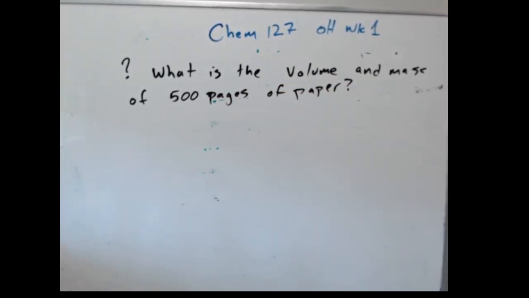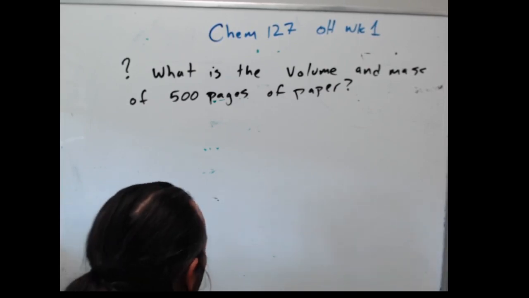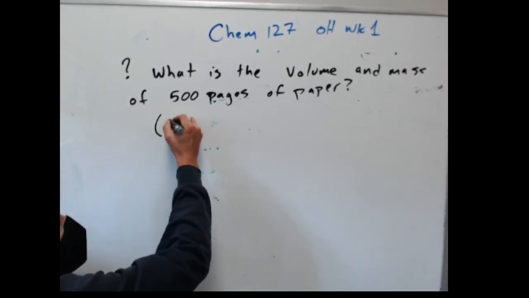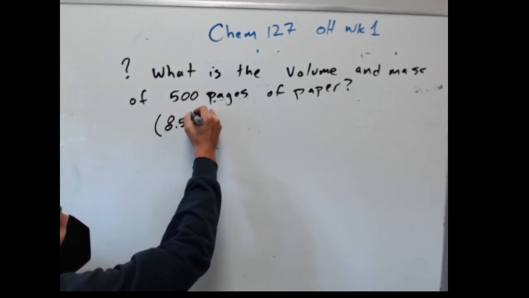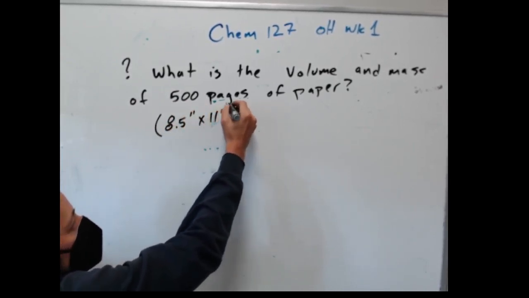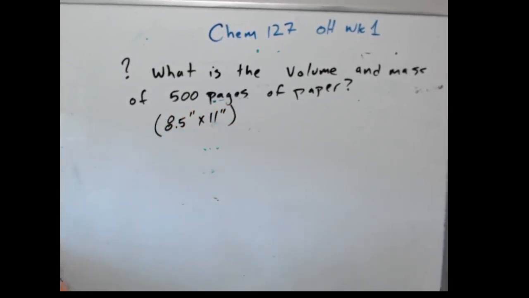I just looked around the room and saw this, and I thought, oh, that's interesting. What's the volume and mass of this thing? There's a couple things we have to figure out in order to do this. I know a piece of paper is 8.5 inches by 11 inches, but I don't know how thick each piece of paper is.